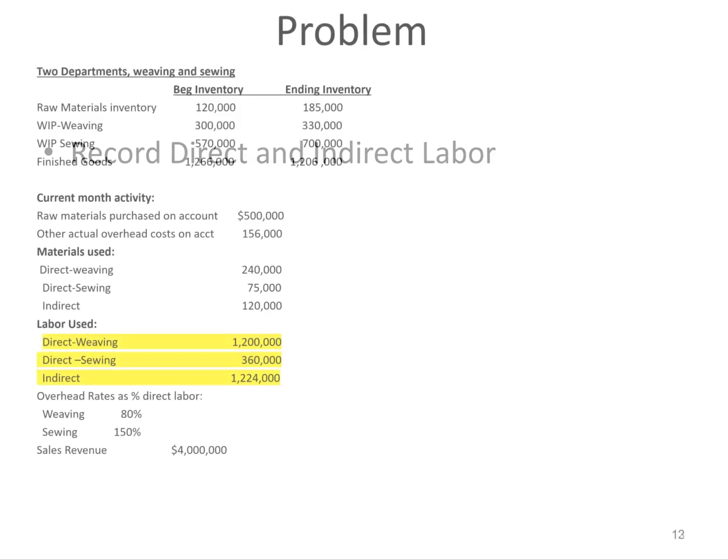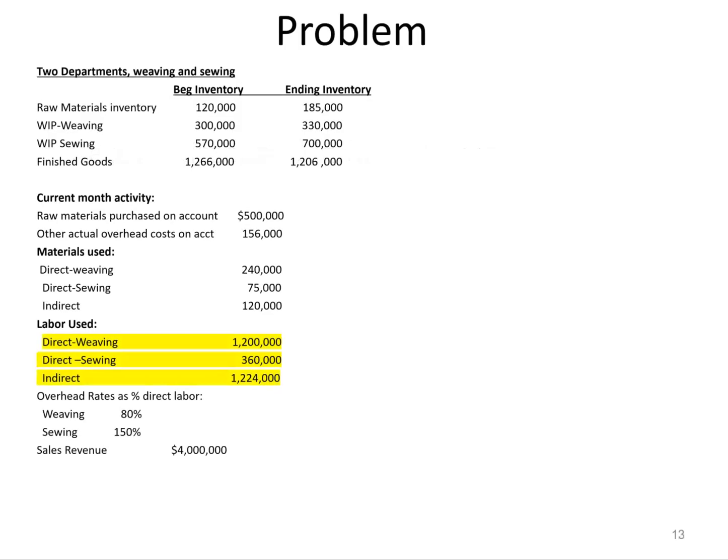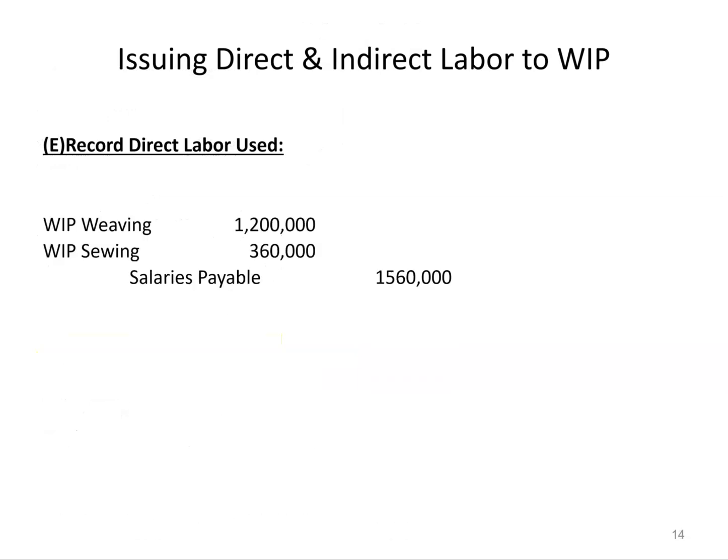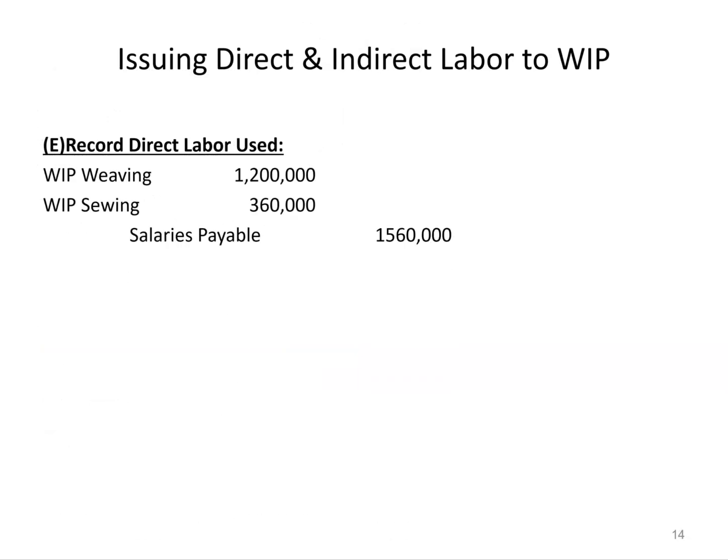Now let's record our direct and indirect labor. Again, I highlight what we need so that I can then do my journal entries. So to record the direct labor, it would be work in process weaving and sewing separately, and then a credit to salaries payable.